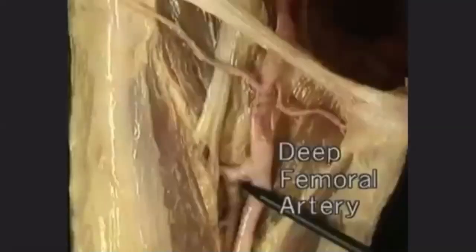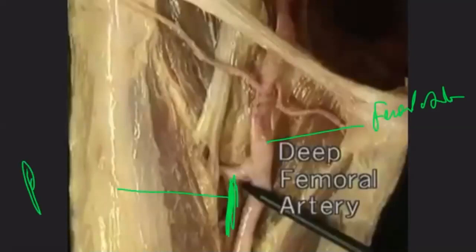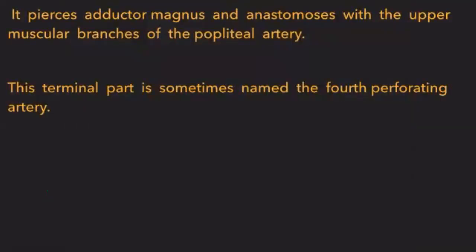So this one is the femoral artery, right? So here it is the profunda femoris artery, right? Observe that this is the femoral artery. This one is the deep femoral or profunda femoris artery, right?